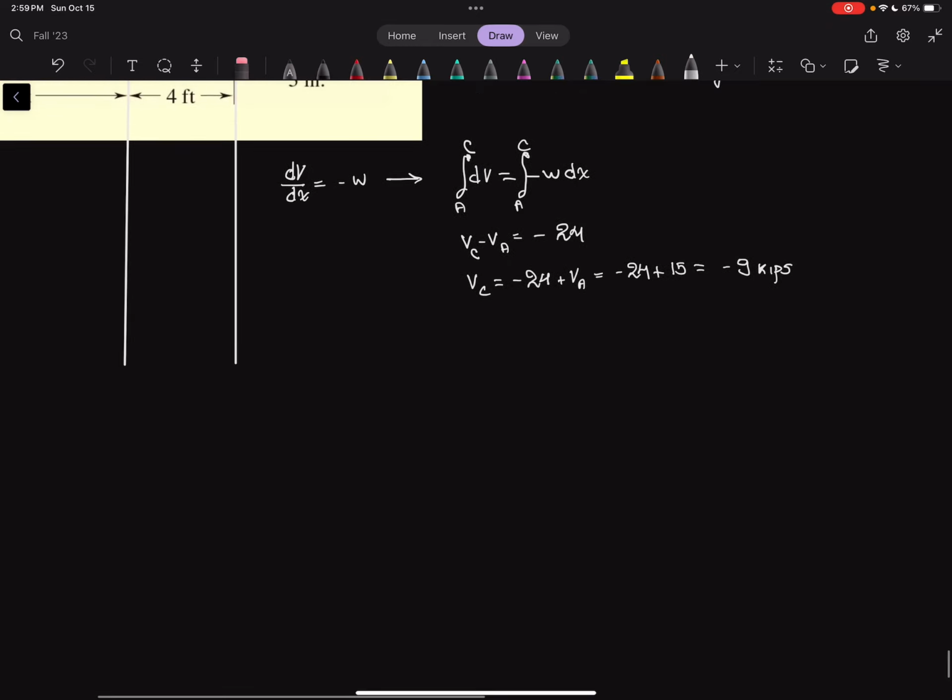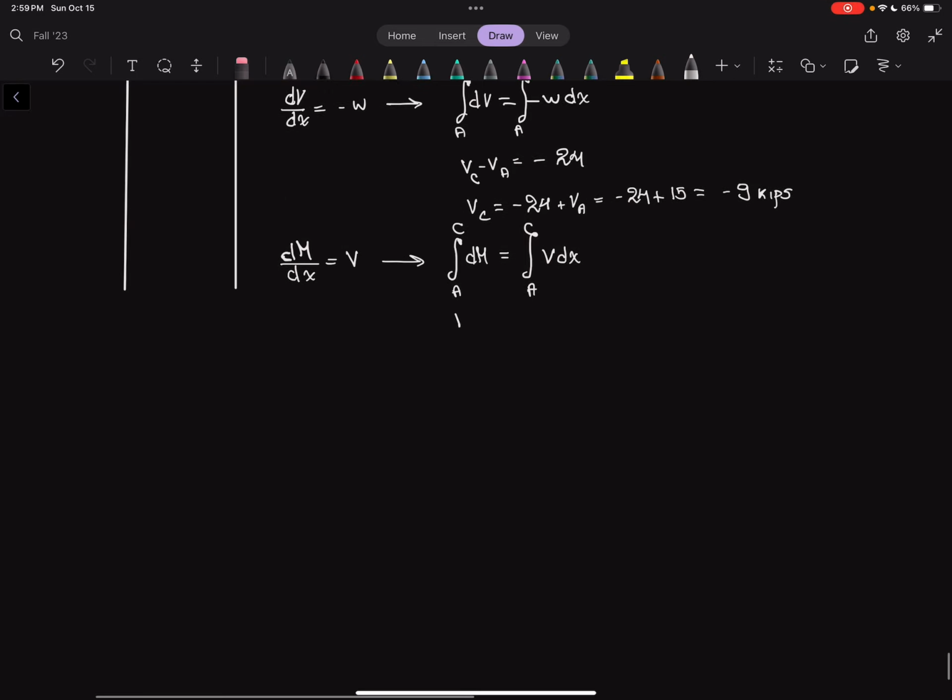Now, let's do the same thing for the moment. The derivative of the moment with respect to x is equal to the shear. So the integral of dM from A to C is equal to the integral from A to C of V dx.